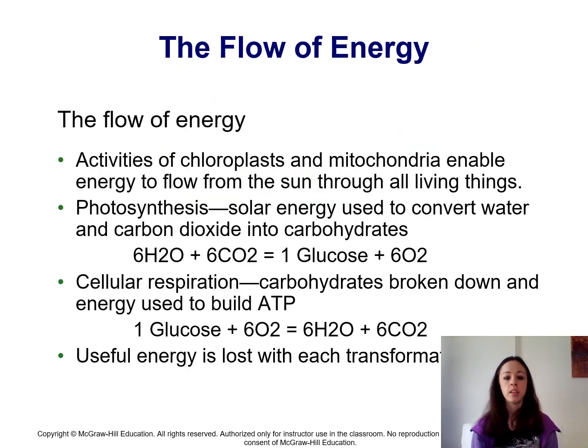So the constant breakdown of ATP increases the amount of entropy in our bodies. Our bodies need a constant source of energy in order to clean up this entropy, or in other words, make more ATP. The breakdown of glucose into ATP is called cellular respiration.